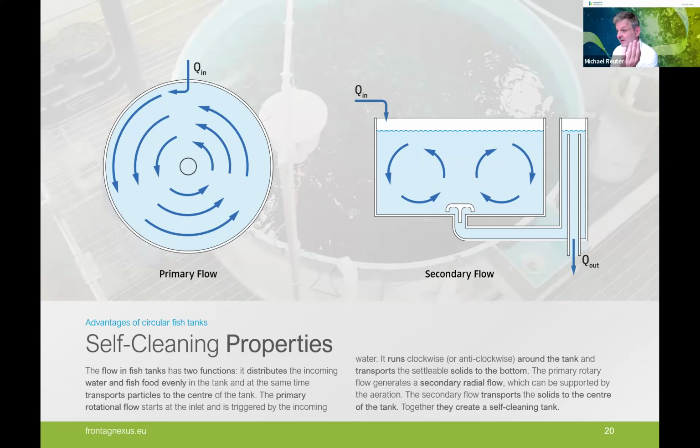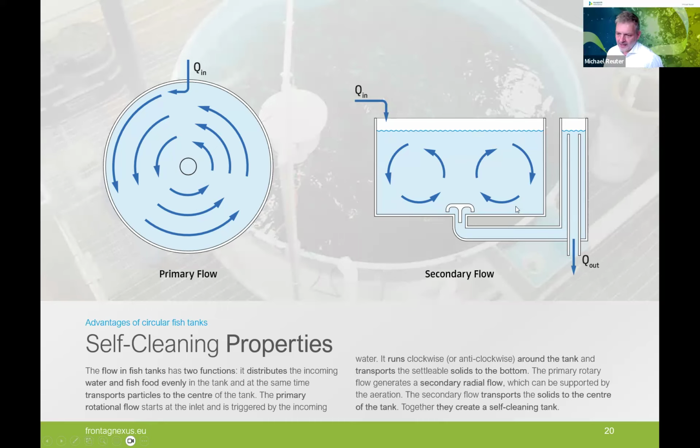That depends mainly on the direction of the inflow that initiates this flow over time. And this rotational primary flow will help to make particles go down to the bottom of the fish tank, and also to make them arrive at the middle of the fish tank, which is also supported by the secondary flow that we see on the right-hand side.